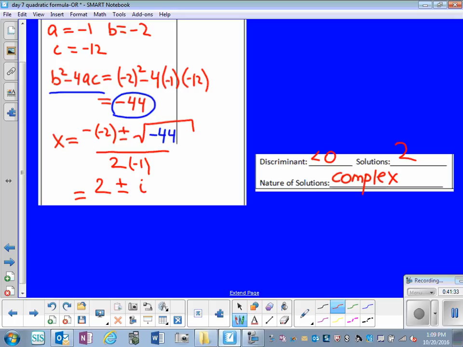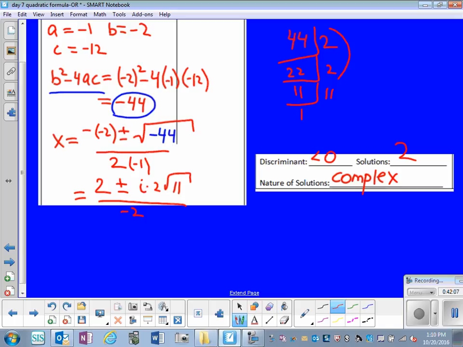Square root of 44. How do I simplify that? I can do the ladder, right? 44 divided by what? 2, which gives me what? 22, and then 2, 11, 1. So I have one pair, right? So this becomes I times 2 times square root of 11. And then divided by 2 multiplied by negative 1 is just negative 2, correct?